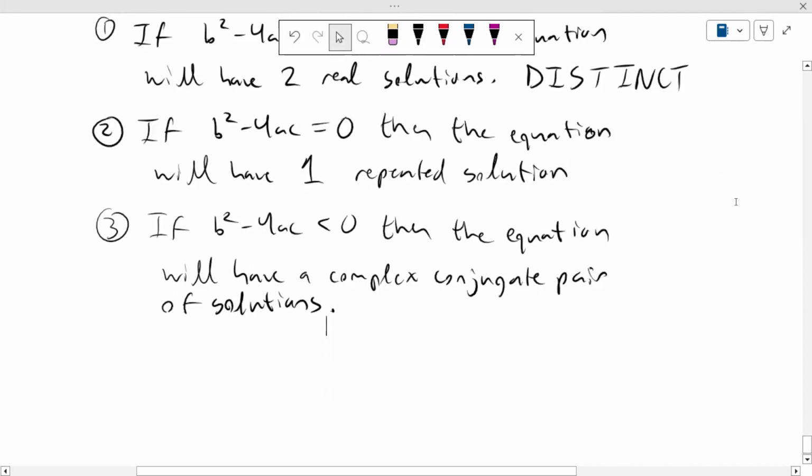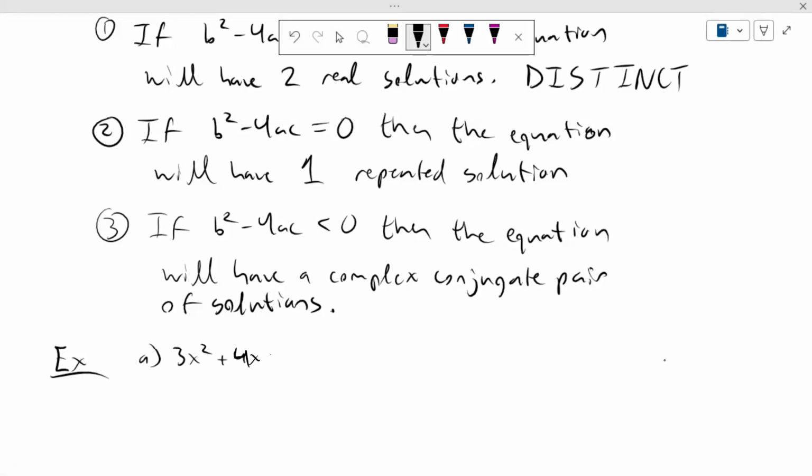Now, quick example for part A here, right? 3x squared plus 4x minus 5 equals 0. And so we want to know how many solutions there are, and what types of solutions there are, right?